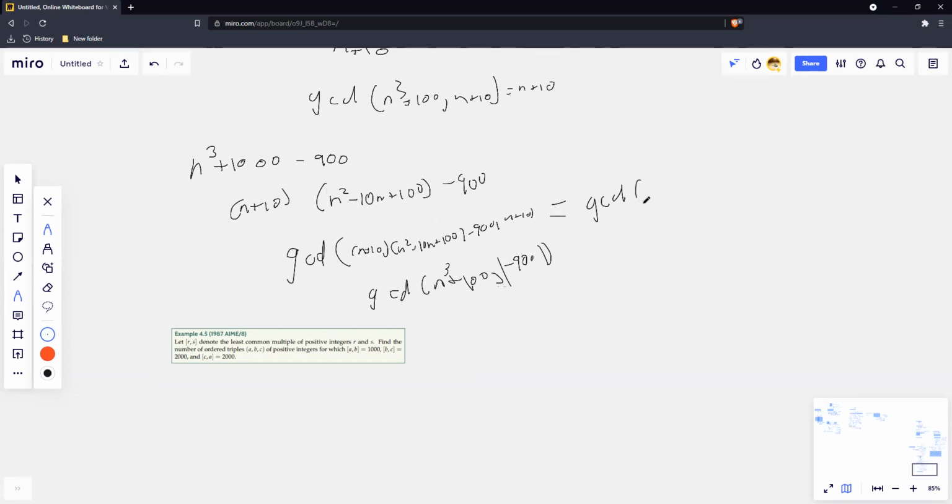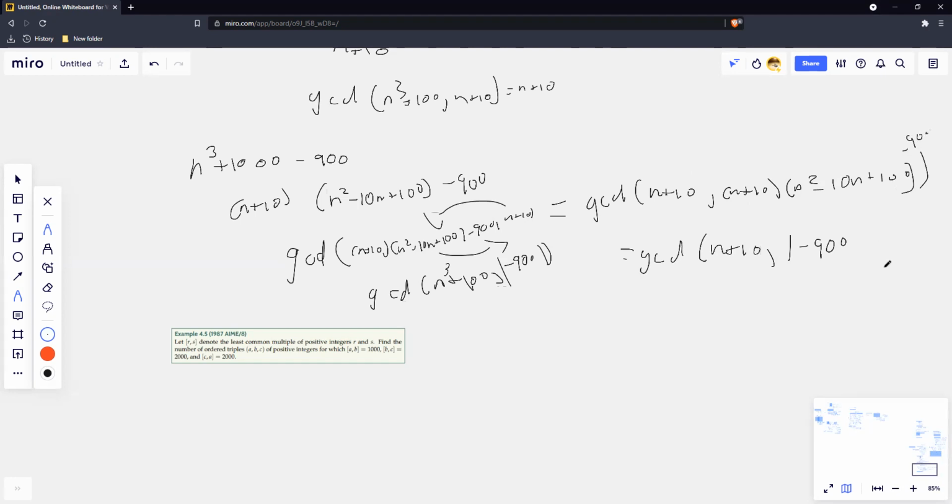So we just flip this and this, n plus 10 comma n plus 10. Because when I did the other way around, we still have a cubic variable and the output is a linear variable. So this basically makes both terms linear. So GCD, and then we do basically the same thing, n plus 10, and then we had to use the absolute value, and we did negative 900 when you make k equal to this, right?